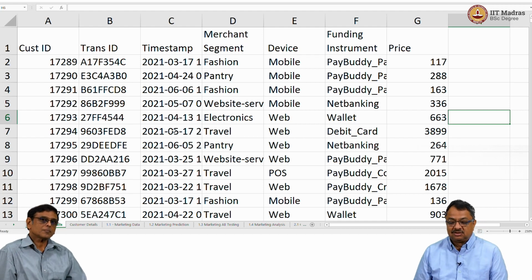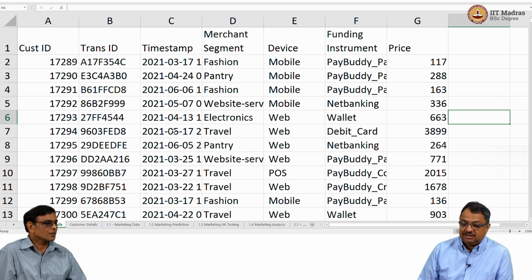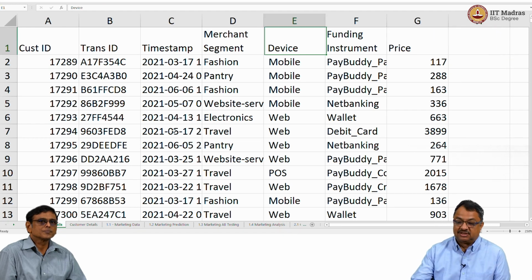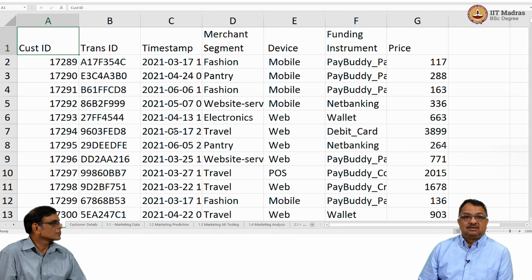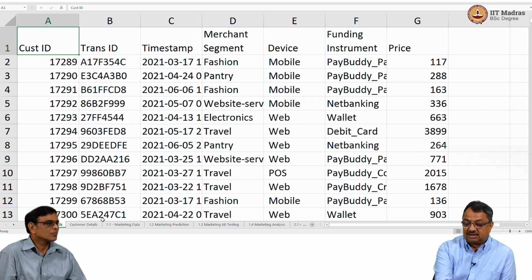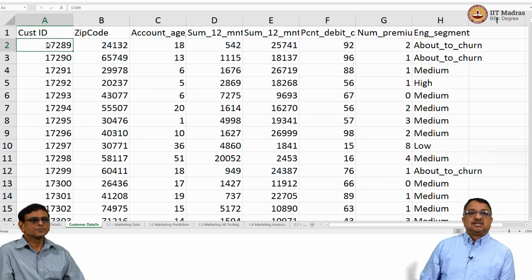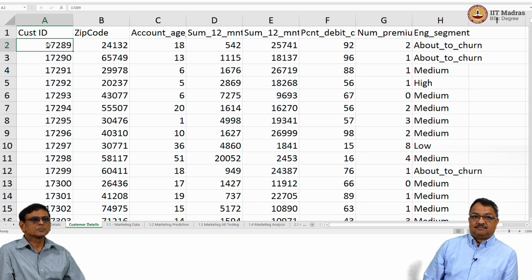So initially let's look at two key pieces of data that they have given us. The first one is a sheet that records details about a customer. Each customer has a customer ID, and they seem to be storing a zip code.